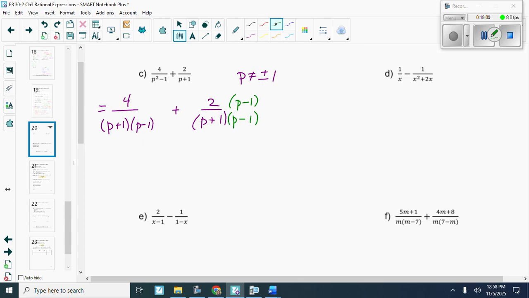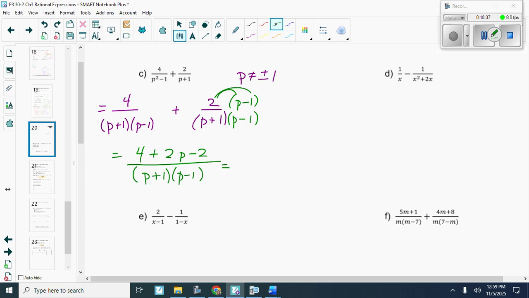Okay. So now when we combine these, we're going to multiply that 2 through the bracket. So we're going to have 4 plus 2p minus 2 all over p plus 1, p minus 1. Okay, and now we just simplify, we just collect, we have a 4 minus 2.